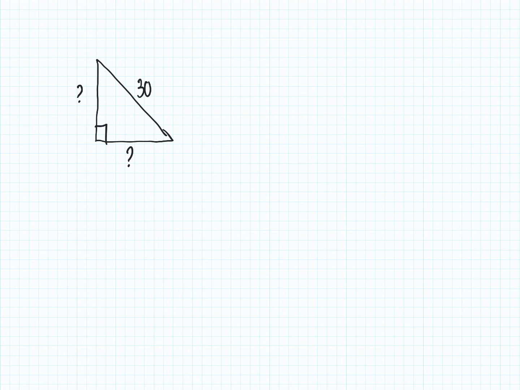Because these two sides have the same length, instead of giving them a letter of A or B, we can make both X, and we'll make this C over here. So we know that A squared plus B squared is equal to C squared. So now we know that X squared plus X squared is equal to 30 squared.